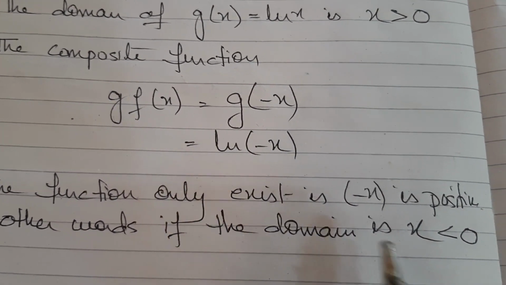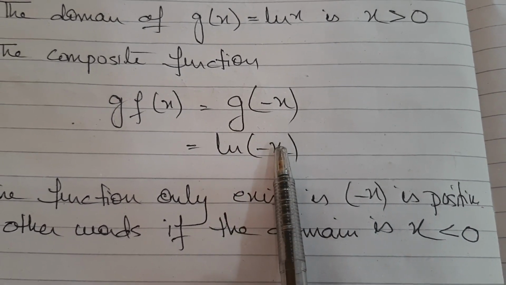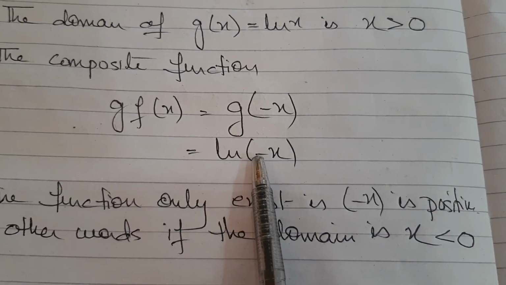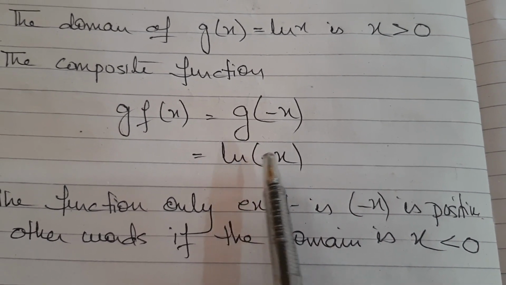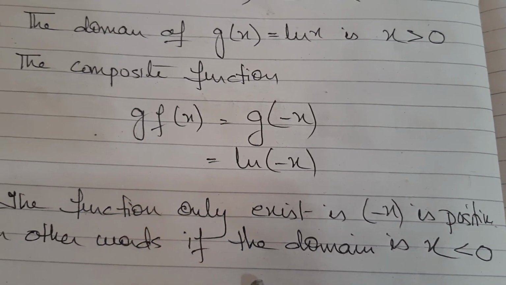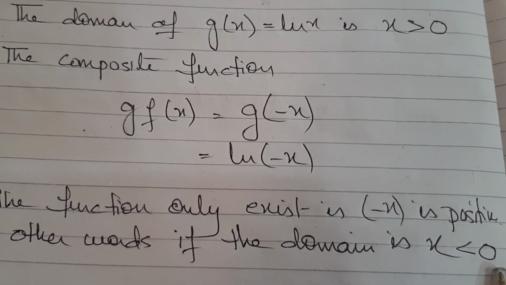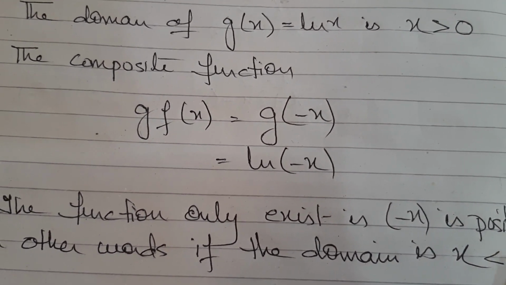And how does it become positive? If you take the values of x negative, for example -1 multiplied by minus will become +1. So that's why we said that for the composite function the domain is x less than 0, right?